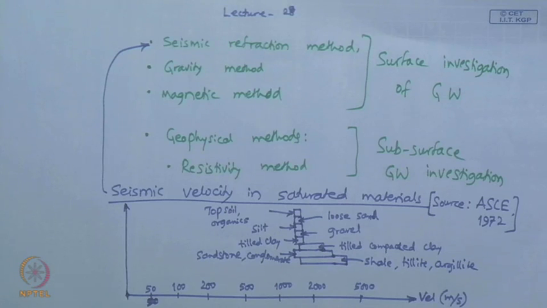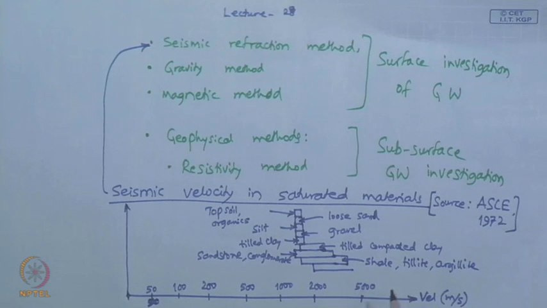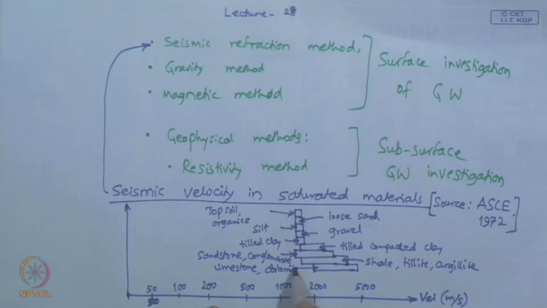Next is limestone and dolomite, for which the lower range of velocity is around 2000 meters per second, and the higher range slightly less than 5000.